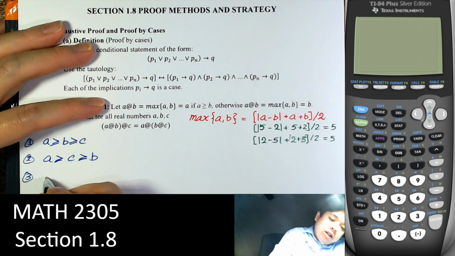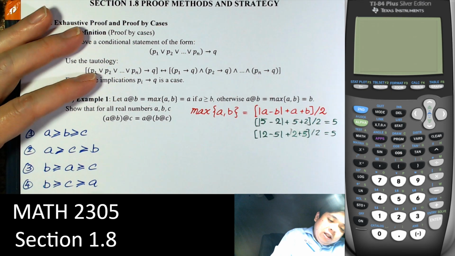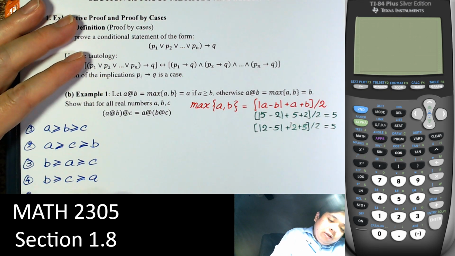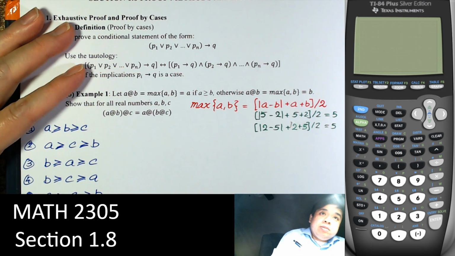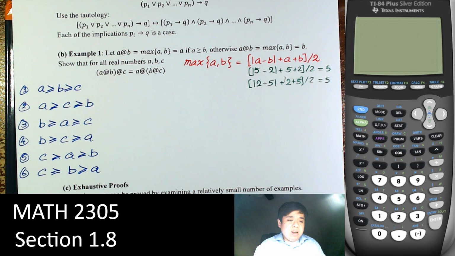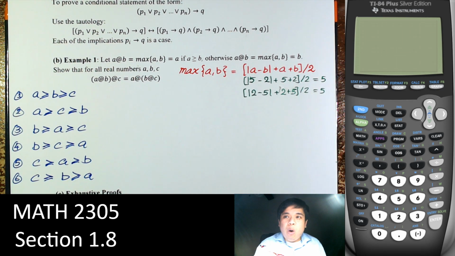Now how about putting B first, and then A and C, and then B first, and then C, and then A. Finally C first, and then A and then B, and C and then B and then A. So those are 6 cases. Of course, we can just show each one, but that would be repetitive. All we need is just one case, and the rest will be done similarly.